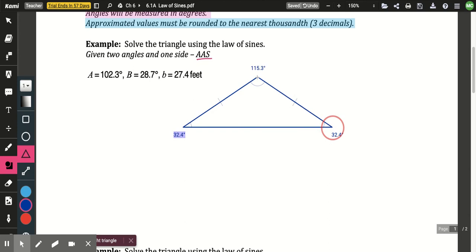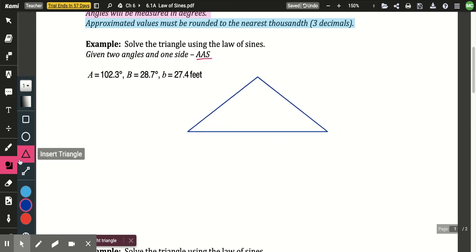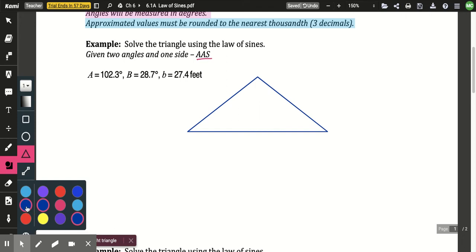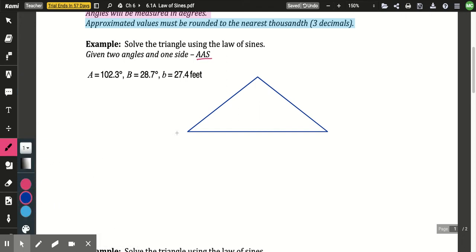Okay, so I'm just going to draw a triangle here. This is a scalene triangle, so the 3 sides are not equal. I'm going to label angle A, 102. So I'm going to call this one angle A. Angle B is supposed to be 28.7 degrees.